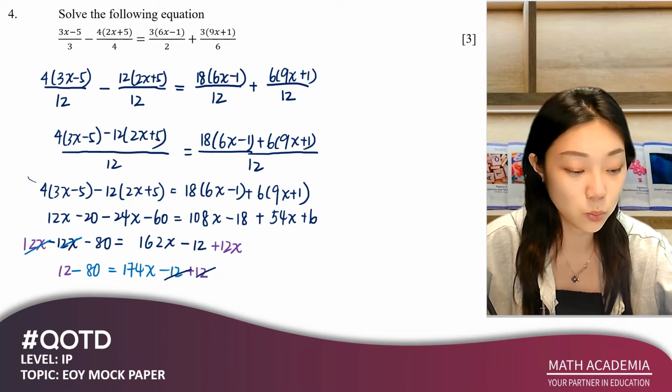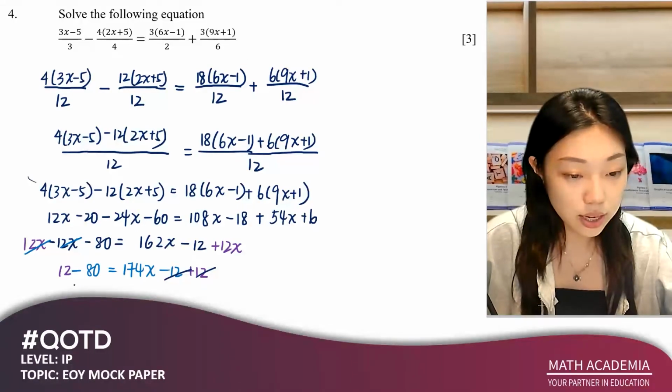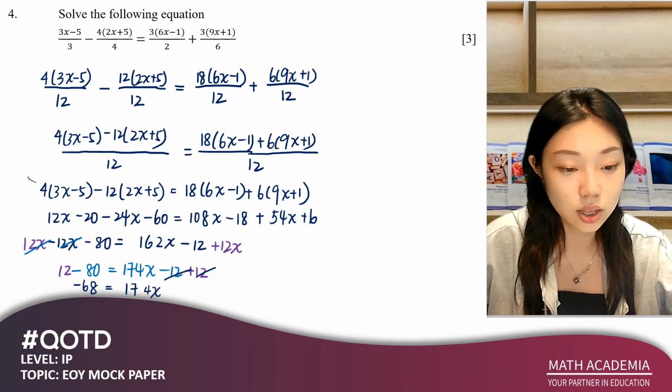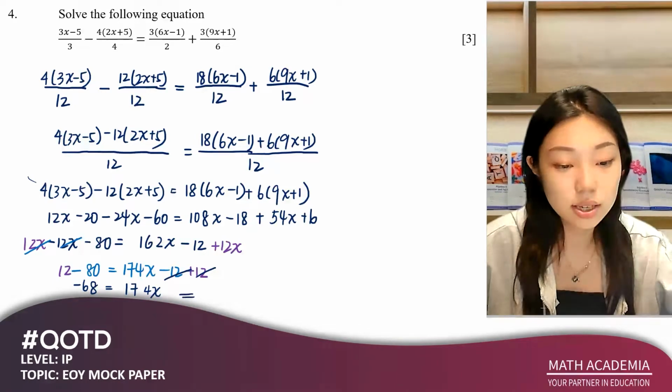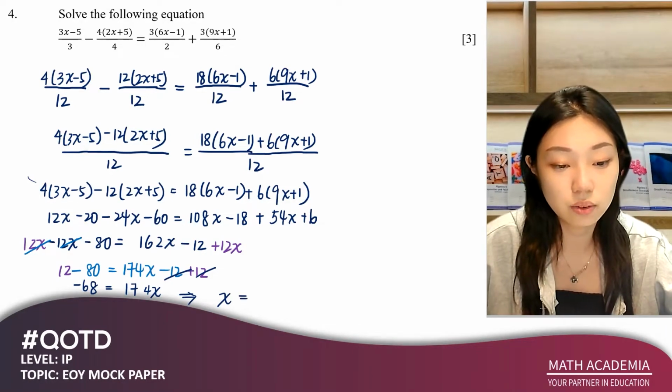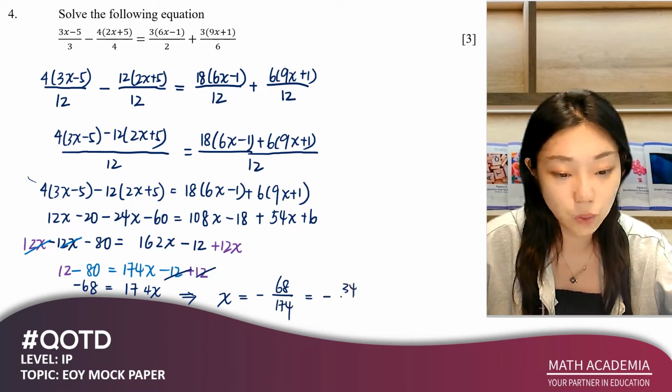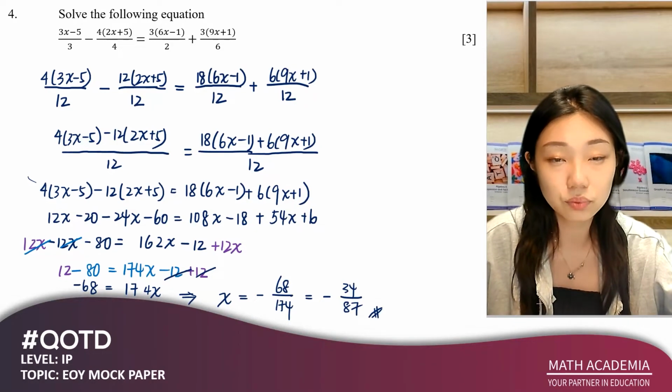So that would leave me with negative 68 equals to 174x. So to find x, I just have to divide negative 68 by 174, and that leaves me with negative 34 over 87, which is my final answer.